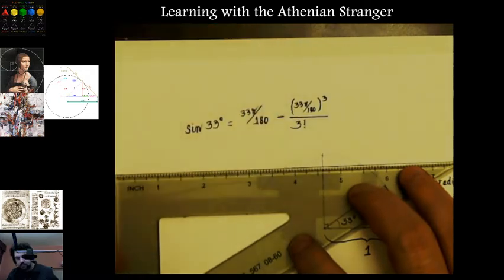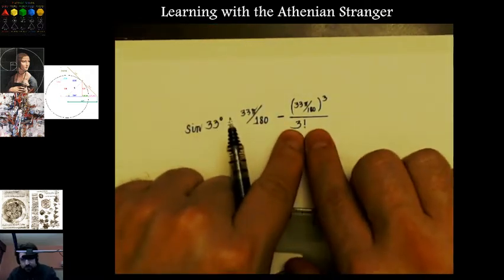I'll explain. And 3 factorial is represented by 3 exclamation point.